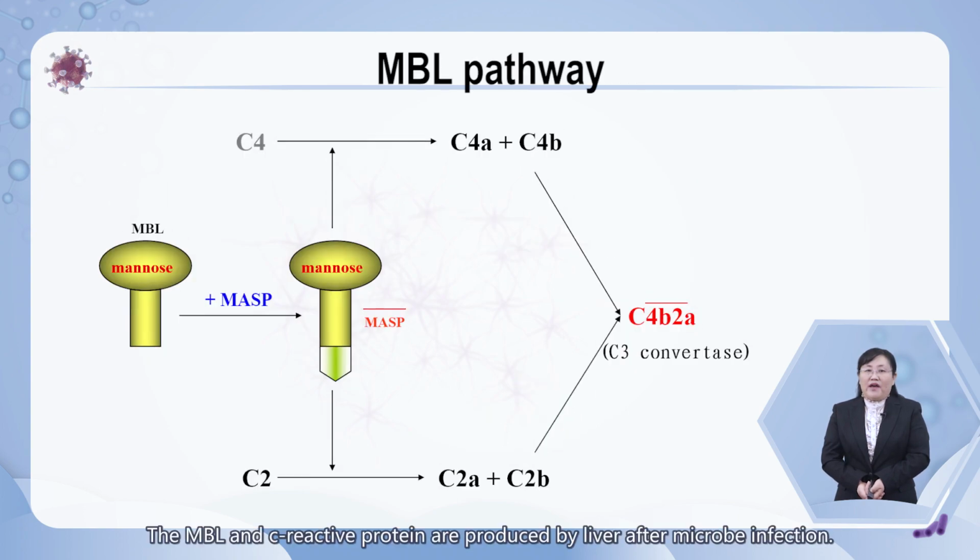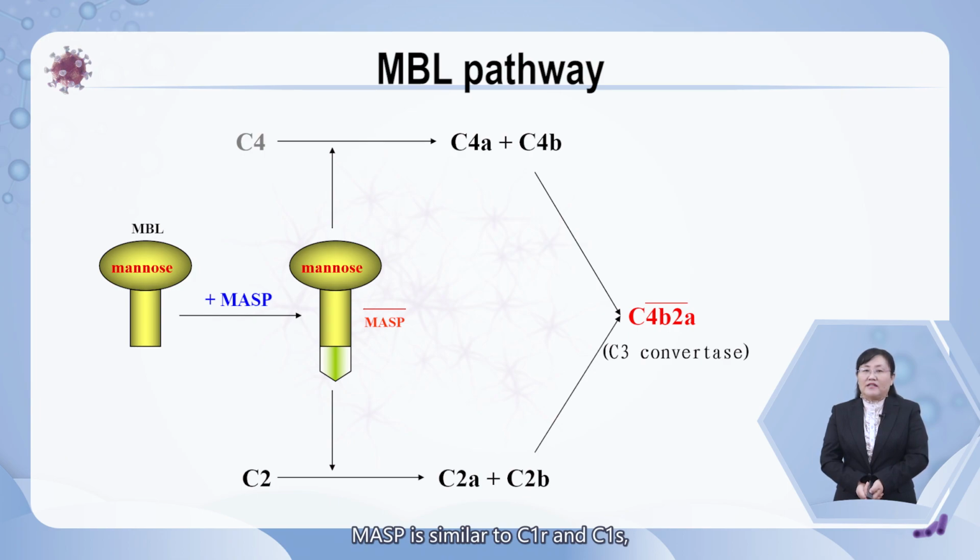MBL and C-reactive protein are produced by the liver after microbe infection. MBL binds to mannose residues on polysaccharide of microbes to activate MASP. MASP is similar to C1r and C1s, and MASP activates C2 and C4, which is similar to the classical pathway.